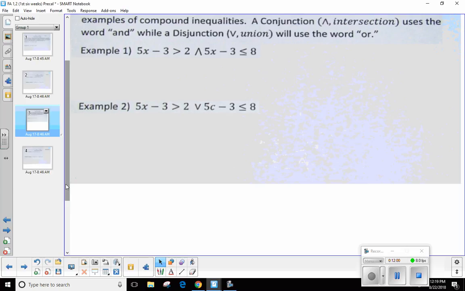If you want a folder to keep in this room, say specifically just for your focus activities, you're more than welcome at any time to go ahead and pick one of these up. I'll just go ahead and put it right over here in the middle. Completely up to you if you want one. If you feel you can keep it in your binder or someplace safe, perfectly fine. It's your choice. Okay. All right. Good.